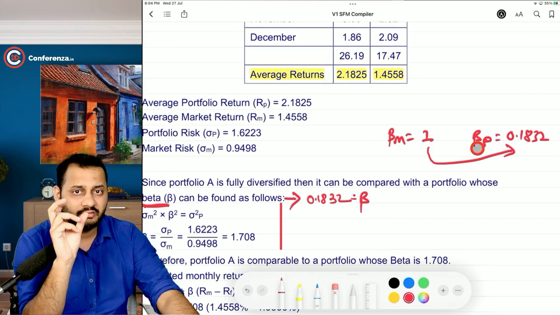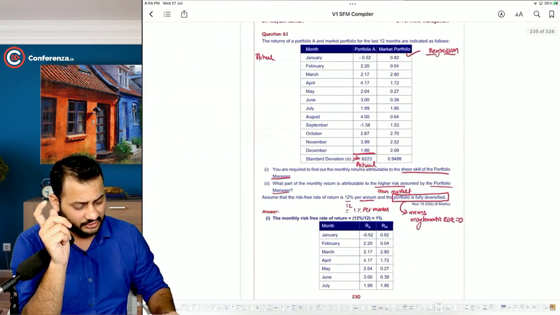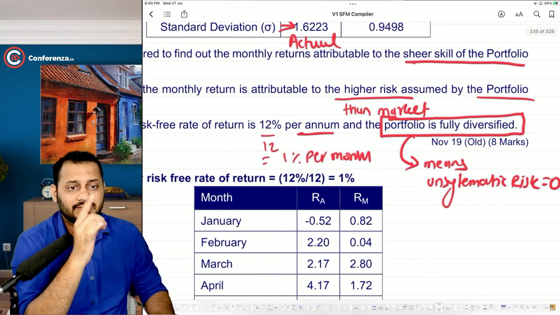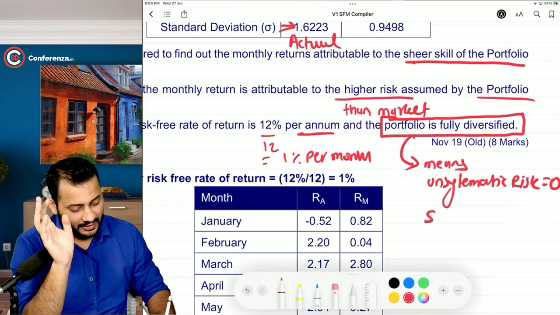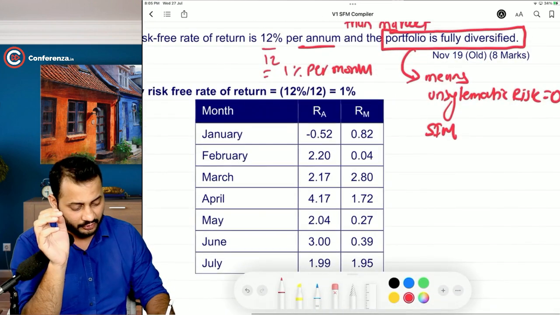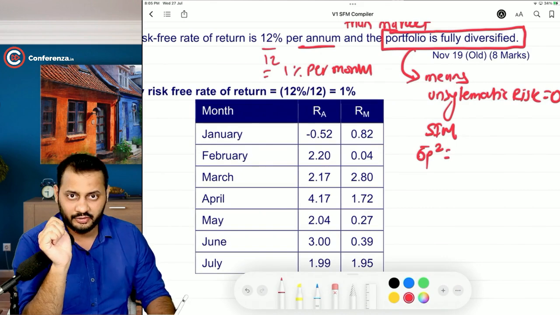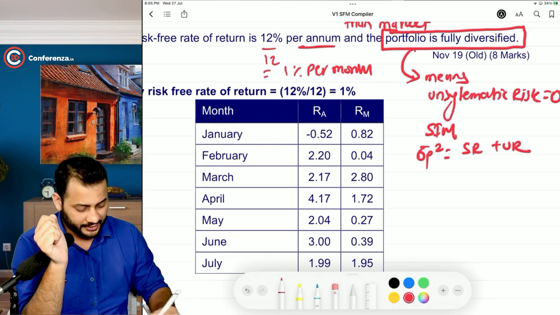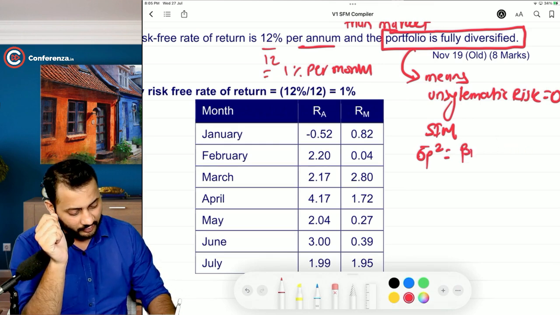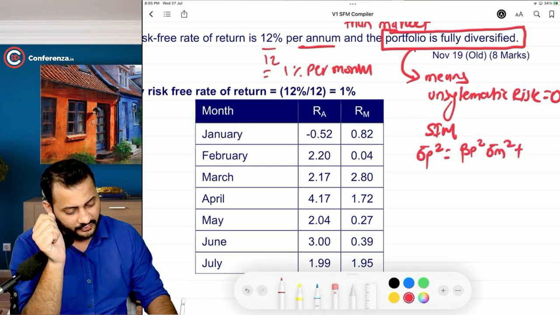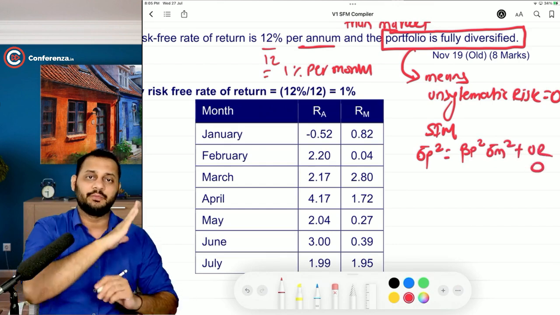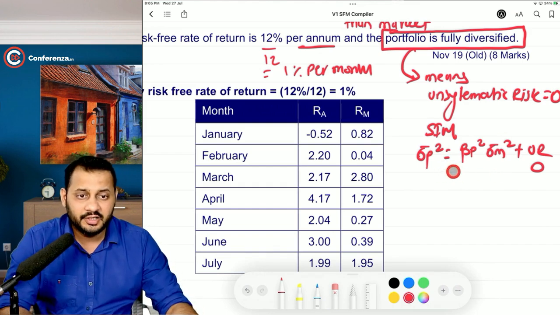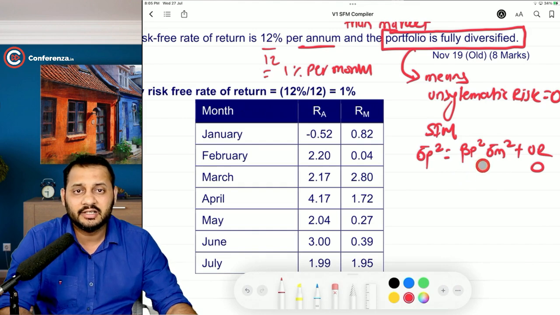But then this question takes a turn, and this small statement that the portfolio is fully diversified makes some sense. It means unsystematic risk is zero, and if you apply the single index model to this portfolio, the standard deviation of the portfolio squared becomes systematic risk plus unsystematic risk. Let me write it down: beta of the portfolio squared times standard deviation of m squared plus unsystematic risk, which comes to 0. That means the standard deviation of the portfolio squared is equal to beta p squared times standard deviation of m squared.